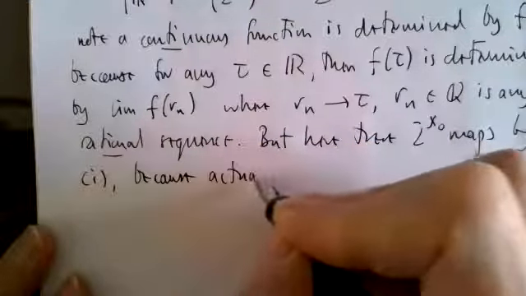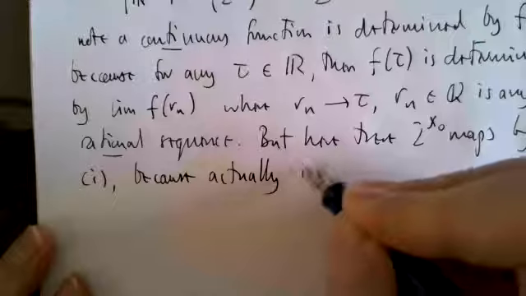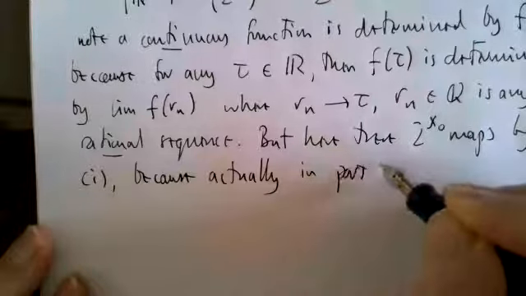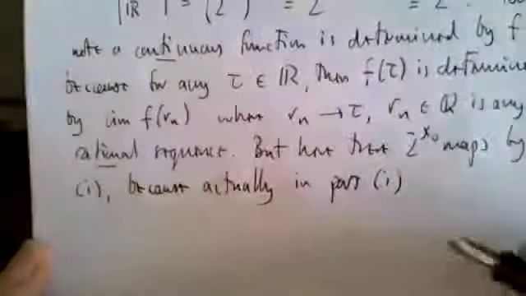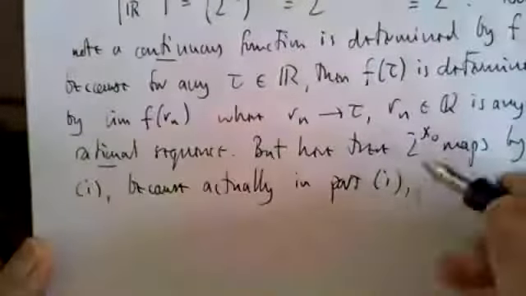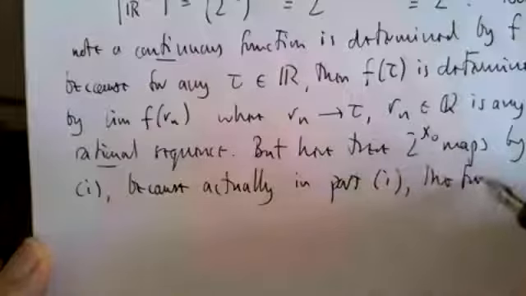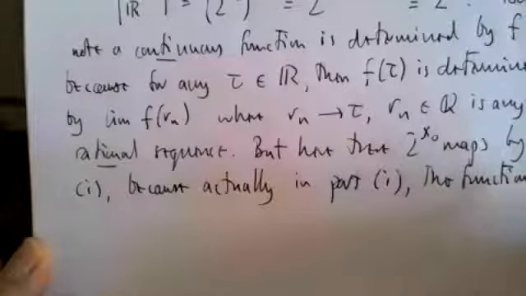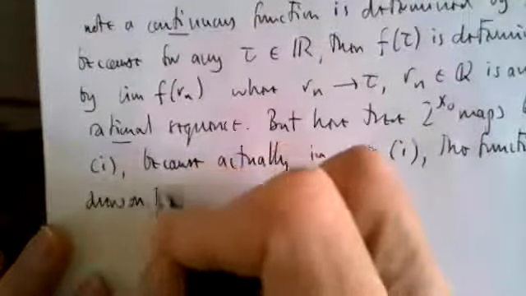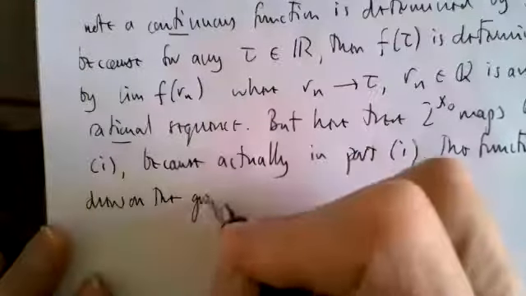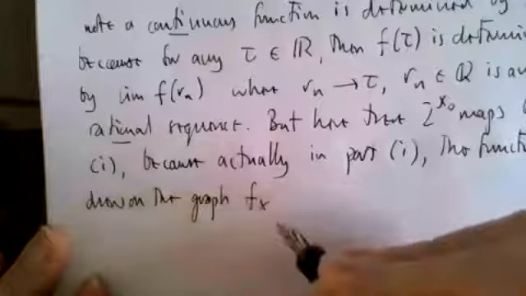Because in the first part, the function I drew on the graph was indeed continuous on the rationals. These f x functions here.